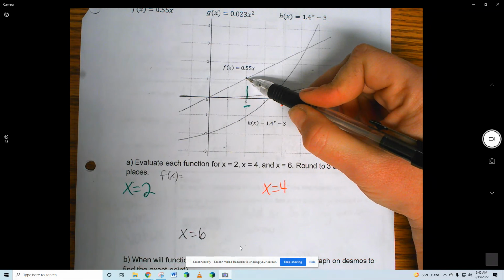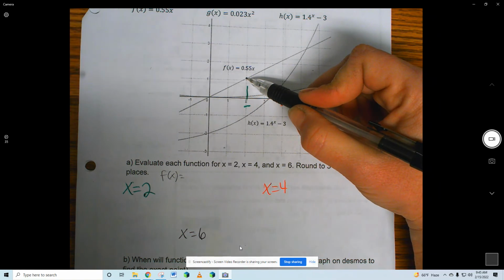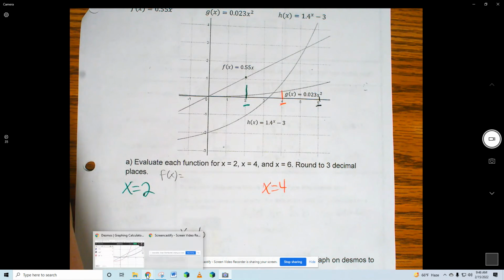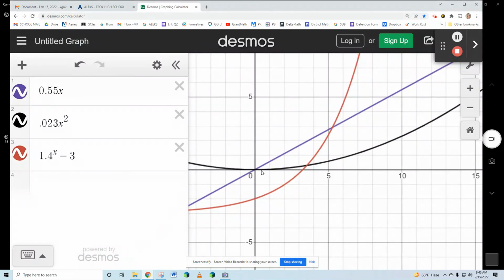Look at your computer screen. Put your mouse on the straight line. At 2, 2 comma what? What's the ordered pair, guys? Are you clicking on it like this? Did you look at it?